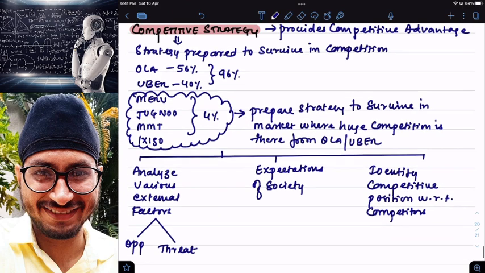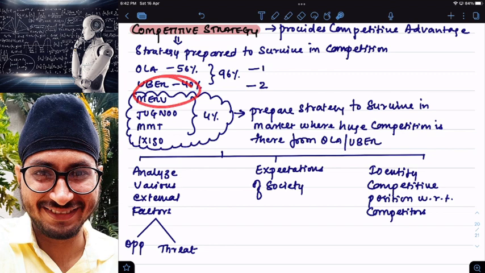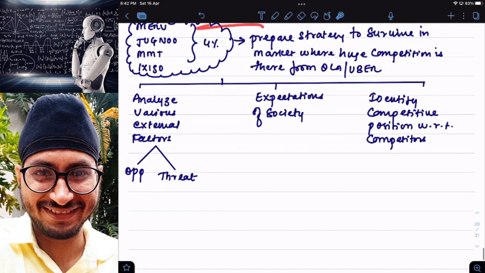Example, sir, who is number one here? Number one is Ola. Number two is Uber. Number three, four, five, and six are what, sir? Meru, Jugnu, MMT, and Ixigo. So what is the position of Uber when you compare it with Ola? Number two. What is the position of Ola when you compare it with Uber? Number two. That comparison you do.